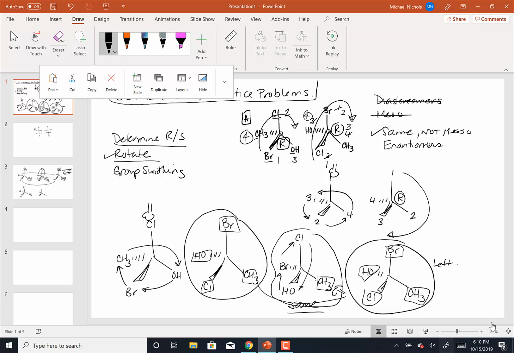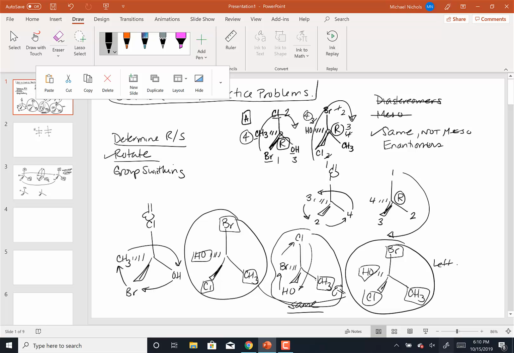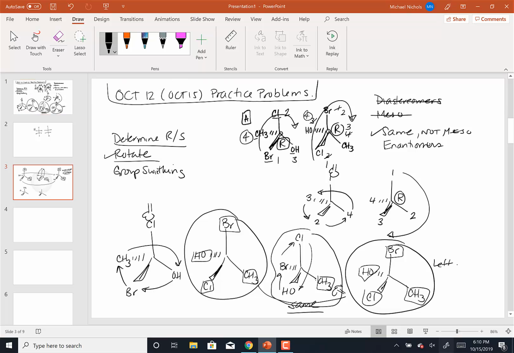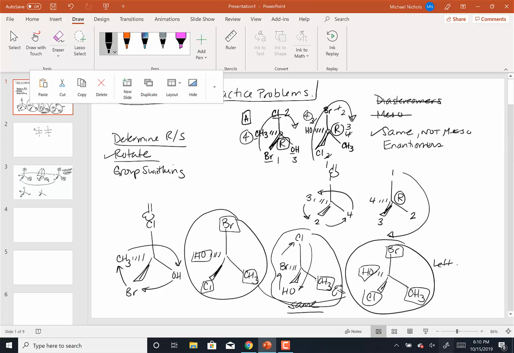Cl, CH3, Br, OH. That's the original left molecule here.